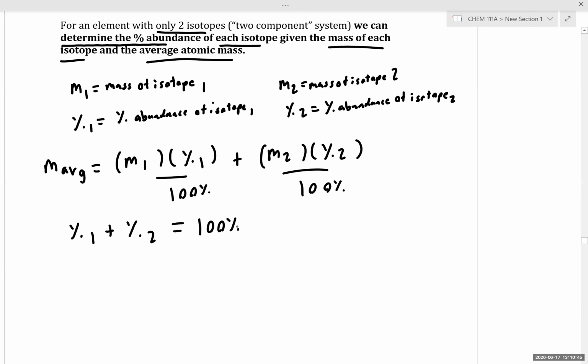So then we can rearrange this equation. We have two equations and two unknowns, so algebraically we can solve them as a system of equations. The percentage of isotope 1 is equal to 100% minus the percentage of isotope 2.